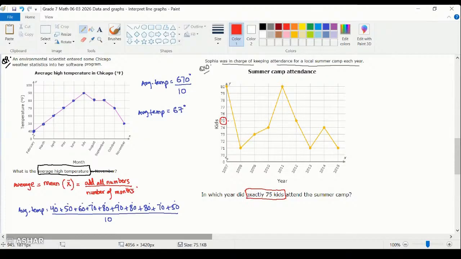First thing we do is, we know that it's on the y-axis. We extend a line, and only in this particular year there were exactly 75. That means year 2012, there were exactly 75 students who attended the summer camp.